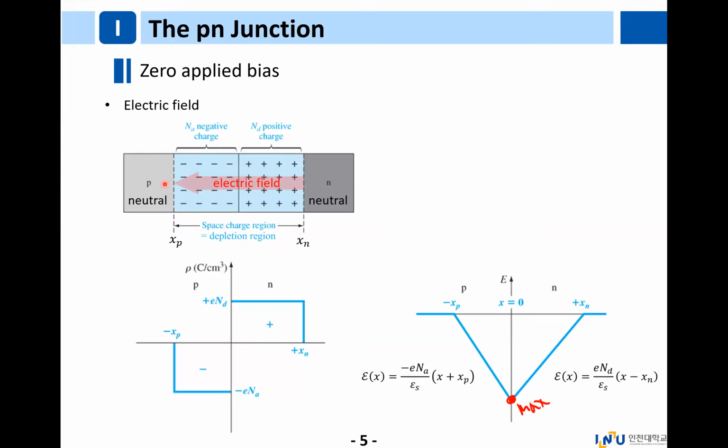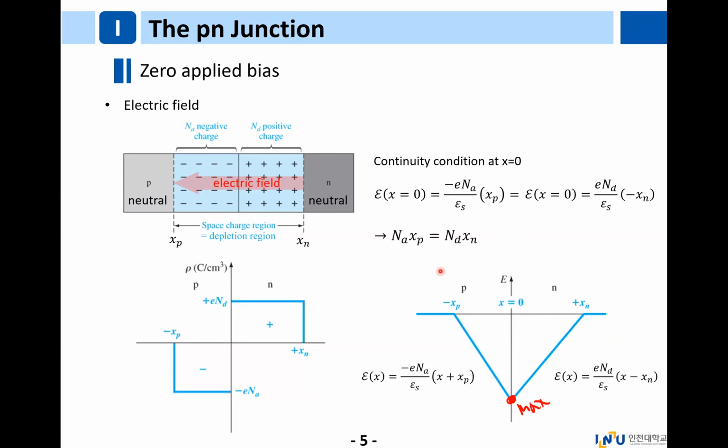Another observation is that the electric field must be continuous at x equals 0, the junction point. So applying the continuity condition to the E field expression, we can simplify it to the following relationship. The product of doping concentration and depletion region width is the same for both sides.